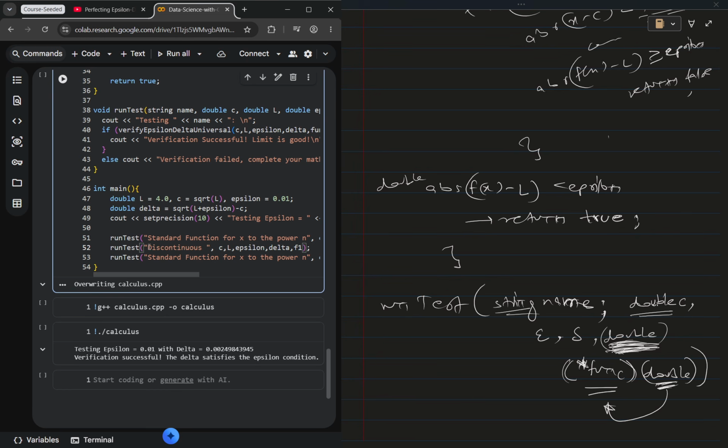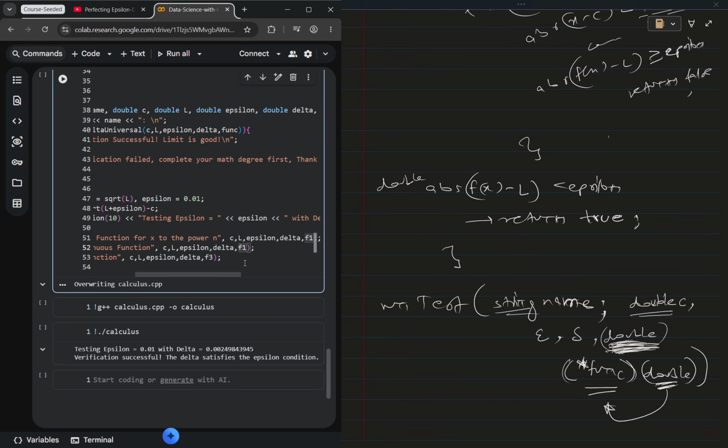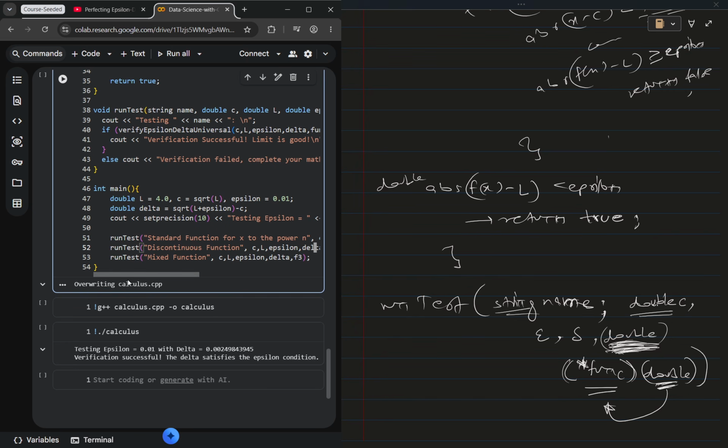Discontinuous function. Let's say we have mixed function. Last function is mixed function only. So we have this F3, and we also have this F2. We have F1, F2, and F3.